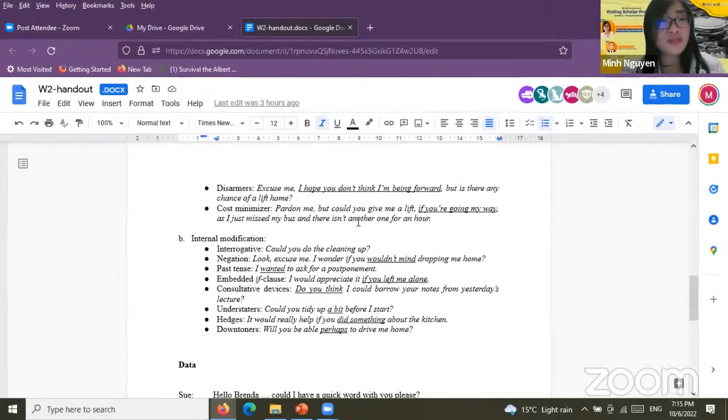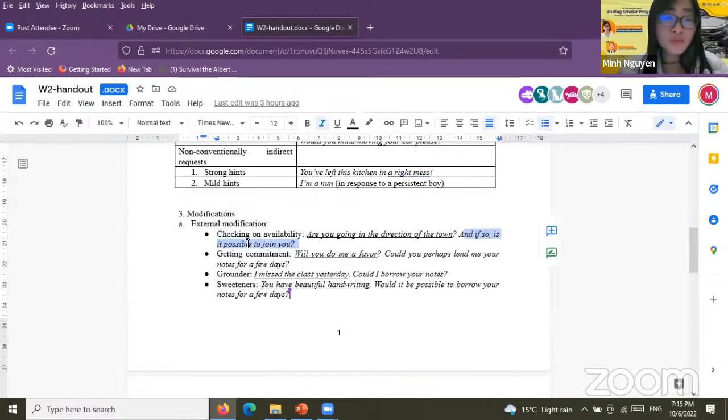Or in email, for example, when we write emails to people to ask for something, you usually say, my apologies, or I'm sorry for the inconvenience, or I'm sorry for the trouble, something like that, right? That's called cost minimizers. So all these strategies are called external modification because they occur outside of the request, right? This is the request, but they occur either before or after the request in order to support the request, okay?